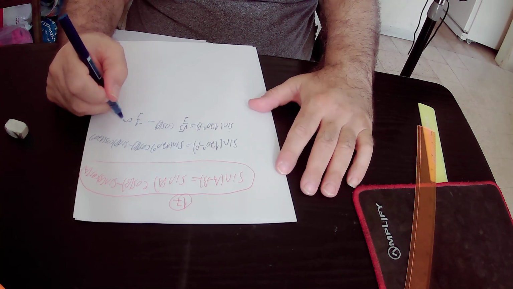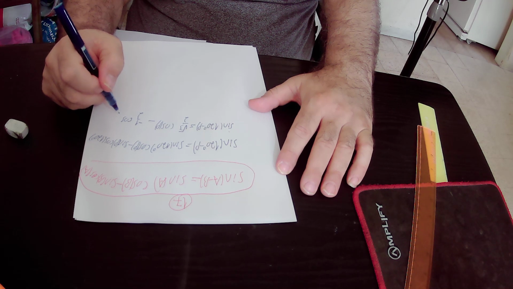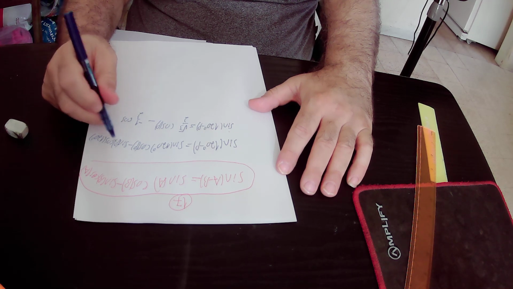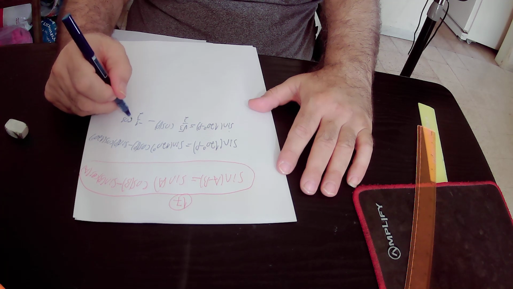Here we have cosine p, and what is left here is sine p.